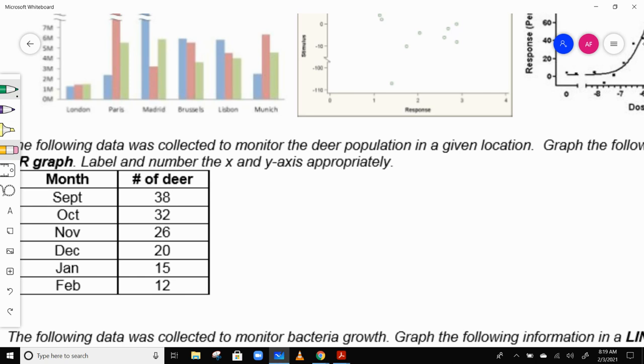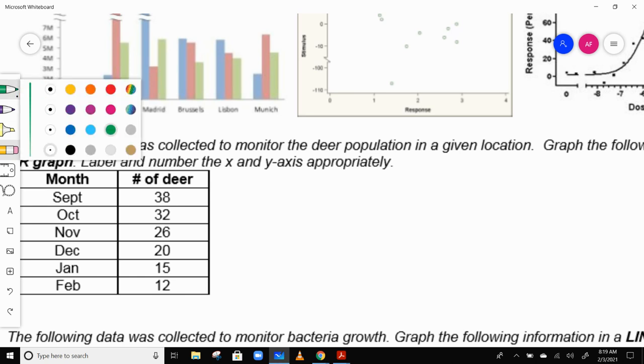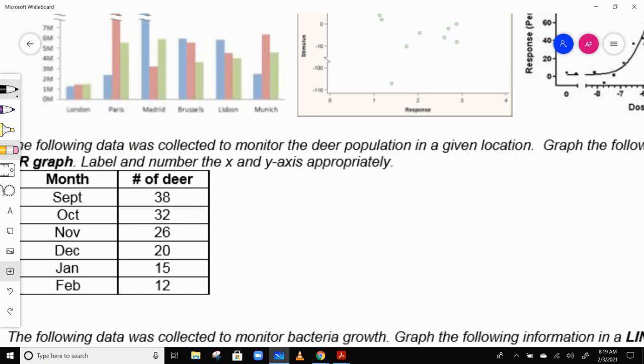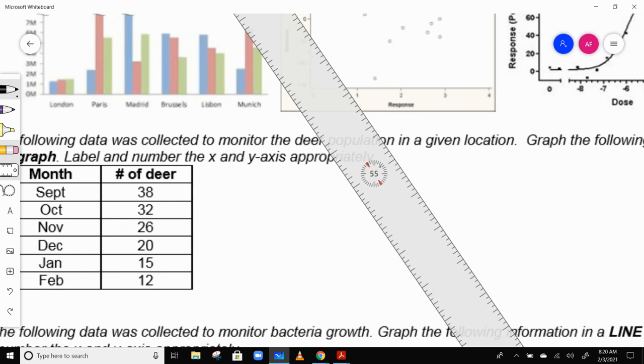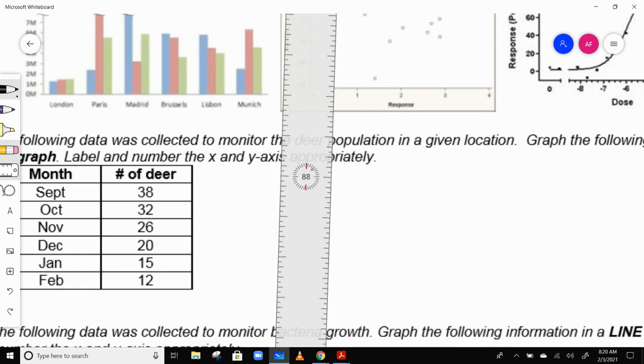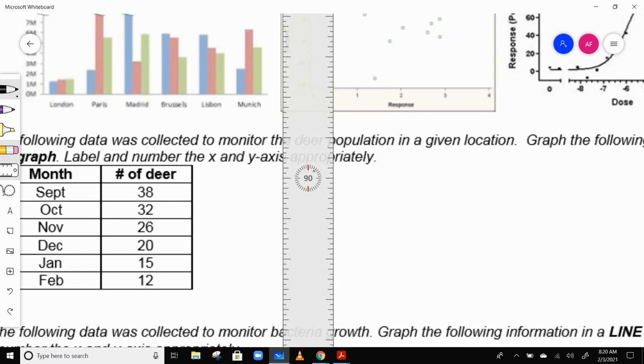Okay, so typically you want to use a straight edge too. I want to be doing this on my computer, and I don't think I have a line drawing thing with this. Oh, I got a ruler. So you do want to use a ruler to create your lines if you can. Obviously I don't have this perfectly, but I'm going to try my best.